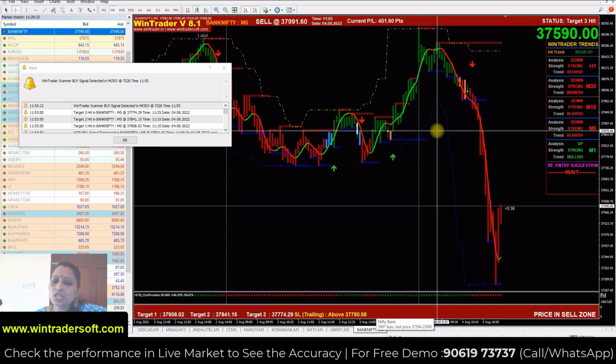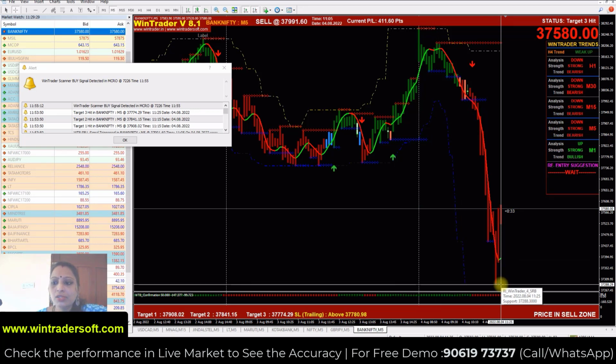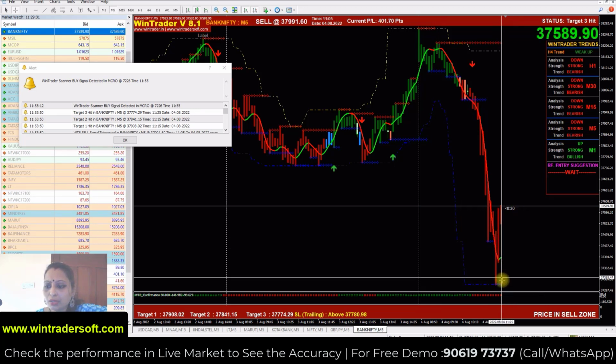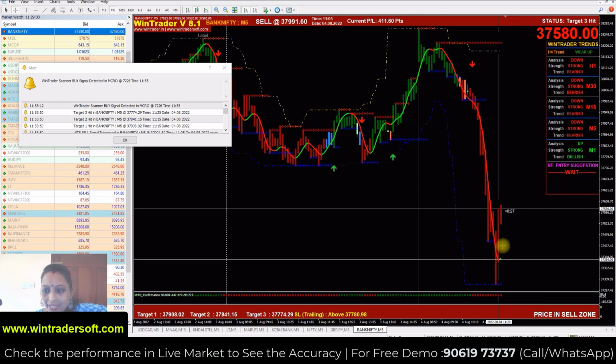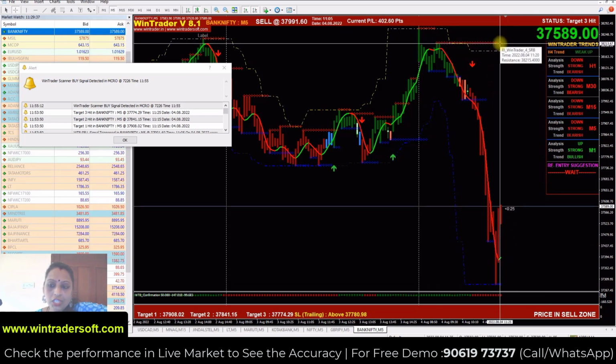This strategy is very simple, and you can see there are blue stars, that is a support level. It has already broken the support and went down, and right now it's slightly going up. You can see these red stars are the resistance level. If it breaks the resistance, then definitely the market will go up.